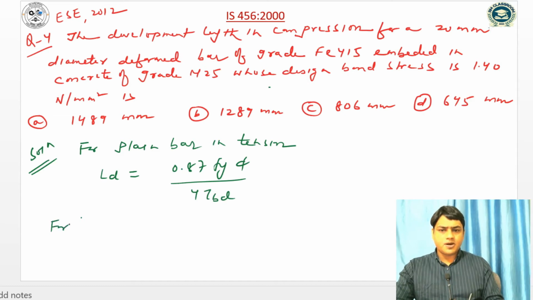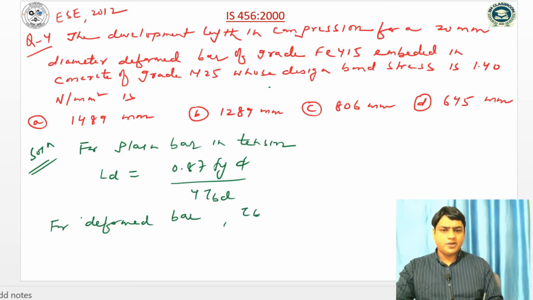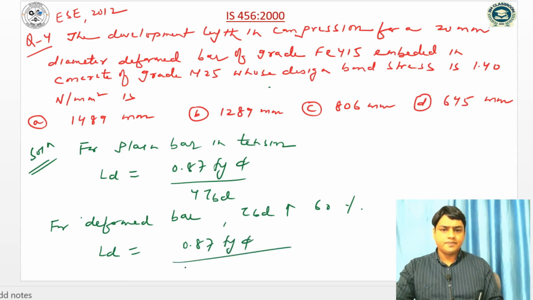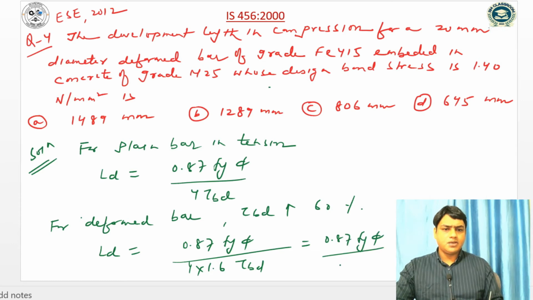And for deformed bar, the tau BD value is increased by 60%. So we can write the expression of development length as 0.87 Fy phi divided by 4 into 1.6 into tau BD. So it will be 0.87 Fy phi by 6.4 into tau BD.